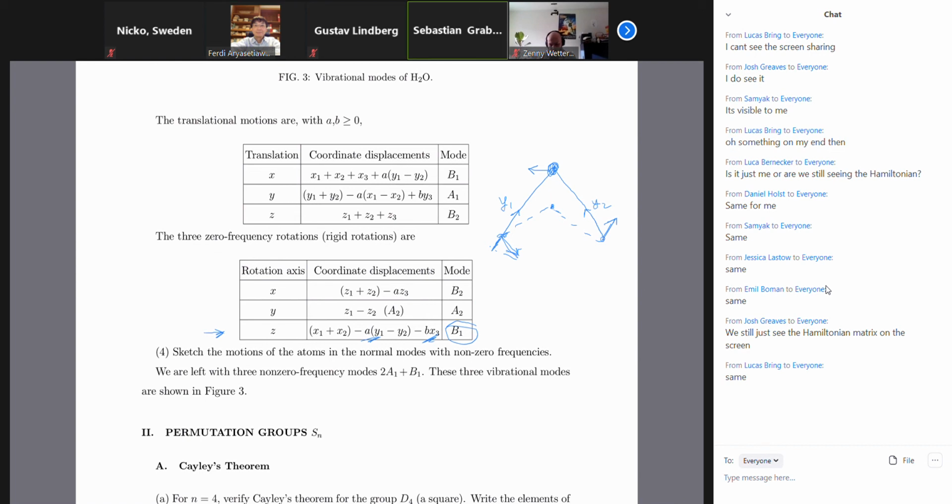If we take the translation as an example, so we have the Wigner-Eckart theorem like this.